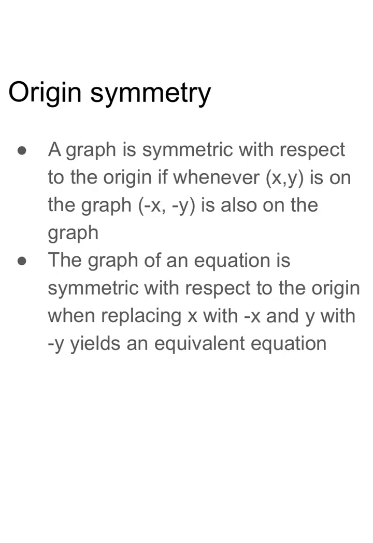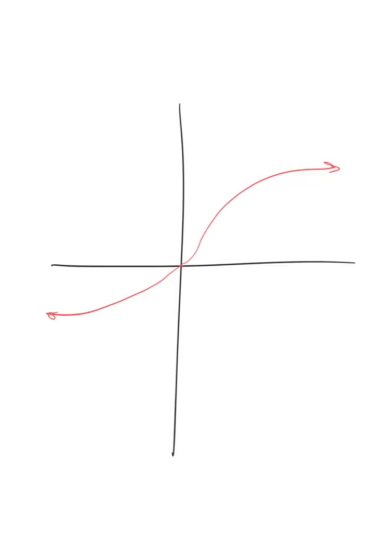Origin symmetry, this one may be a little more trippy in the brain. A graph is symmetric with respect to the origin if whenever (x, y) is on the graph, (negative x, negative y) is also on the graph. The equation is symmetric with respect to the origin when replacing x with negative x and y with negative y yields an equivalent equation. Like I said, we're going to do the algebra for that. A sketch that follows is like this one.